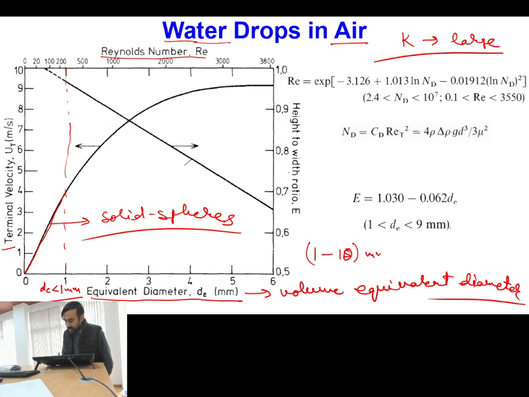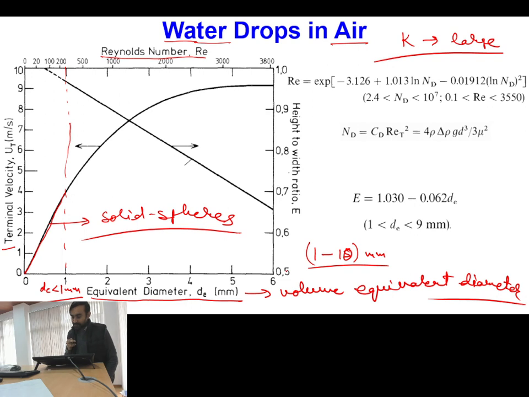And after this size of equivalent diameter, for the drops which are of 10 mm or more in size, we will find that surface oscillations will be so large that the particular drop cannot sustain as a single entity, and will break into multiple other droplets. Okay, so that's why our range of diameter is actually less than 10 mm.